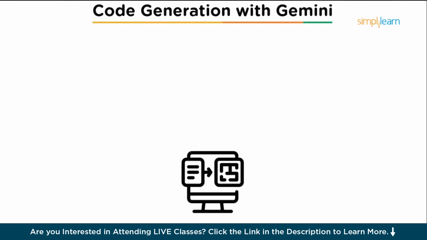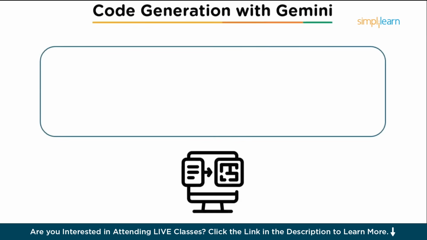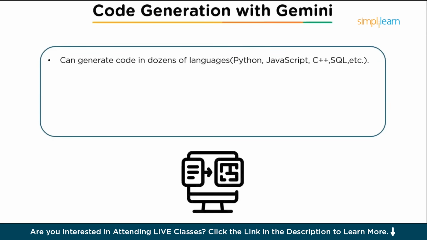Gemini is highly capable of generating code in dozens of languages, including Python, JavaScript, C++, and SQL, making it a powerful tool for developers. To effectively use its code generation, you should describe the function or program you want to execute in plain English, clearly outlining its purpose and expected behavior.